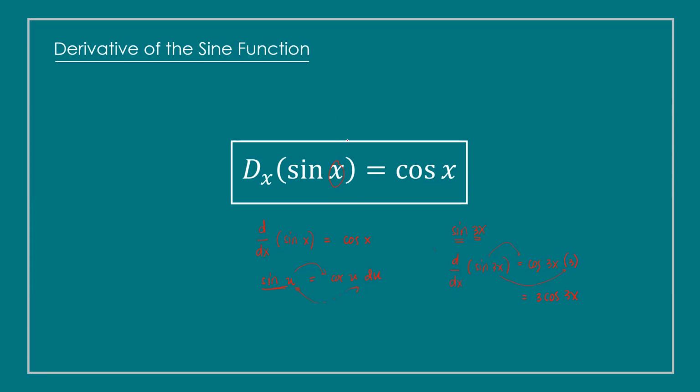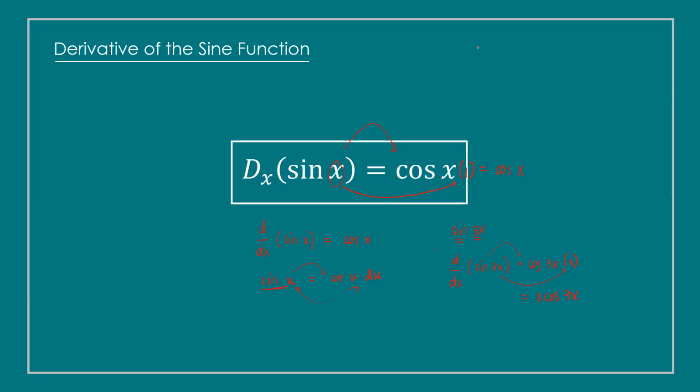For sine x, it goes straight to cosine x, right? Because if you derive the angle x, it's just equal to 1. That's why it is still cosine x. So what if you have a numerical coefficient in your angle? That's the time that you're going to multiply it again with the derivative of the angle.